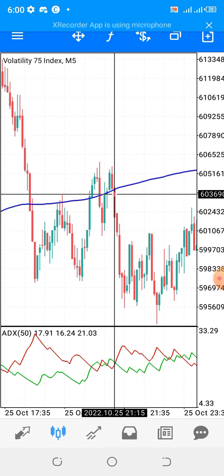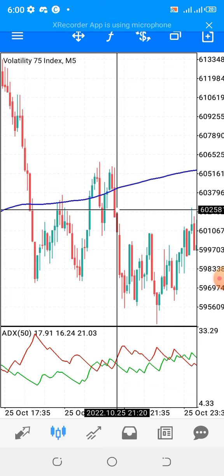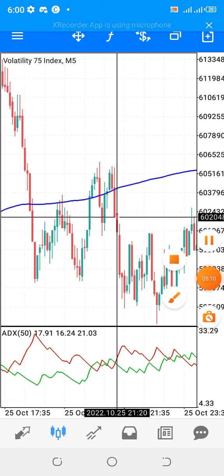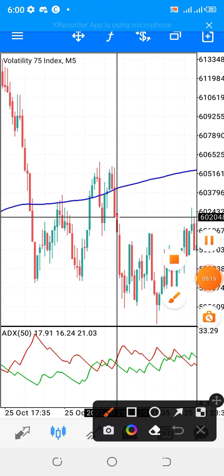Now the next crossing, you see that the candlesticks are clearly below the moving average. The candlestick where the crossing occurs is not the one that crosses the moving average. Do you understand? So you make your sell entry at that particular point.